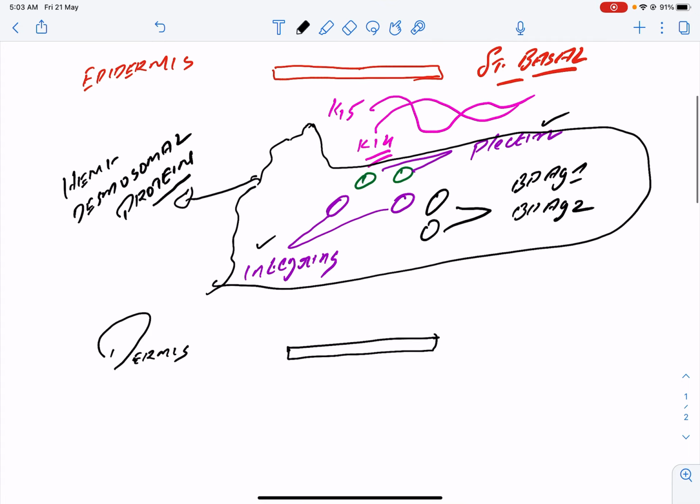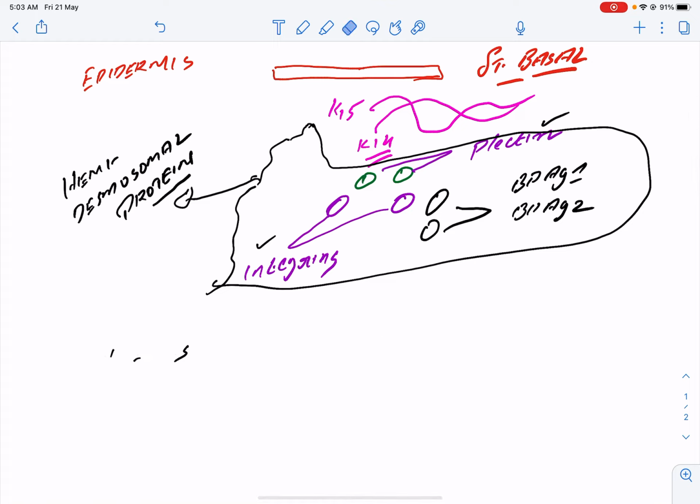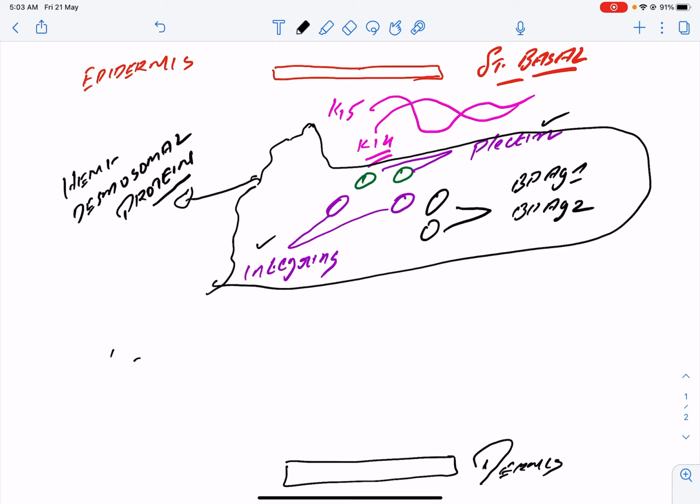For proper understanding, let's make the dermis a little below. Imagine this is the dermis. What structures can you see after that?